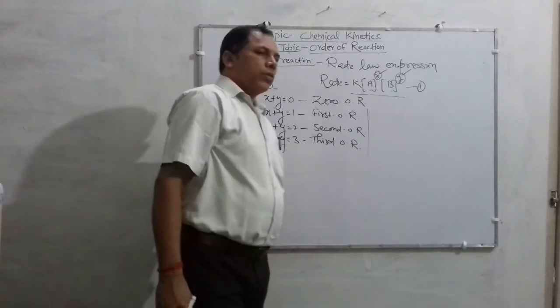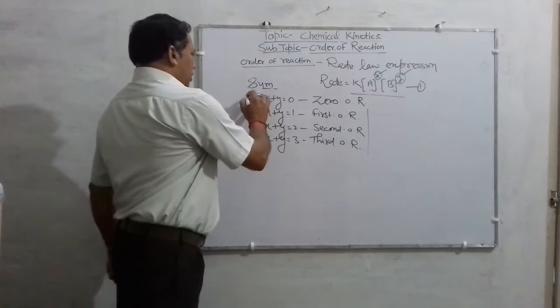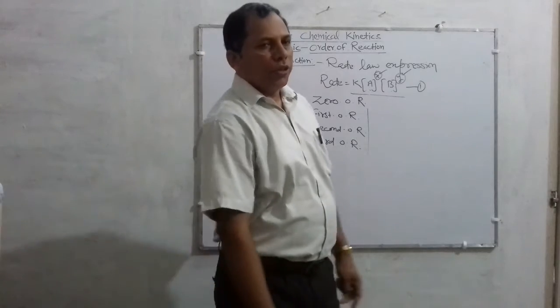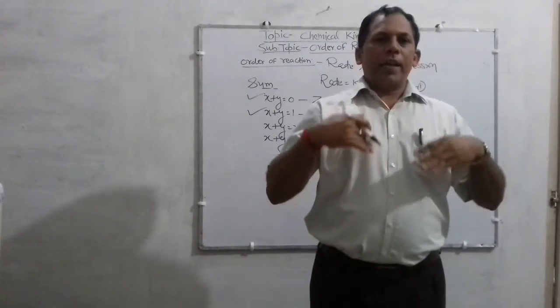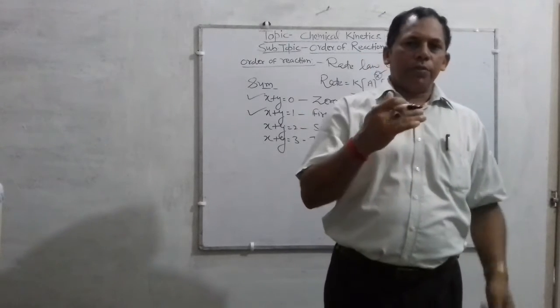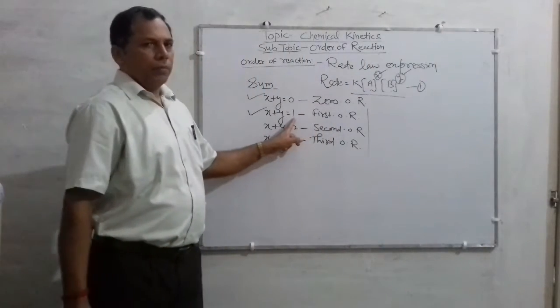So, in your syllabus, children, only zero and first order reactions you have to study in detail with their examples, with their calculation of integrated rate equation along with relation with half-life time.